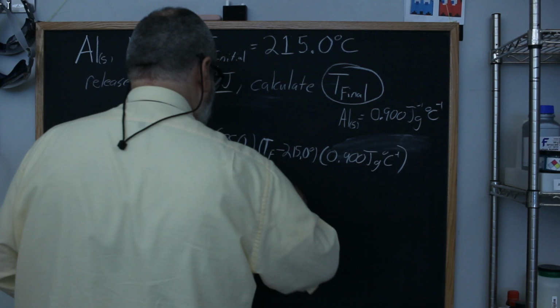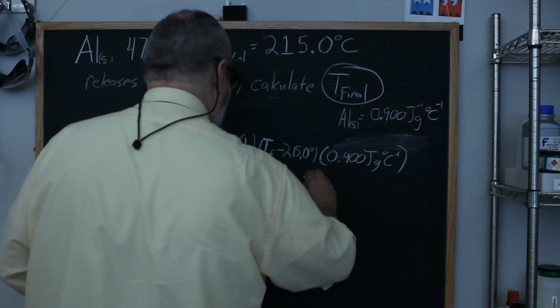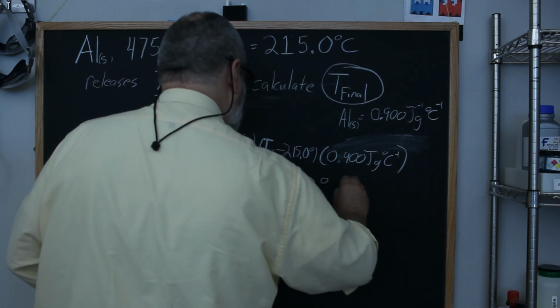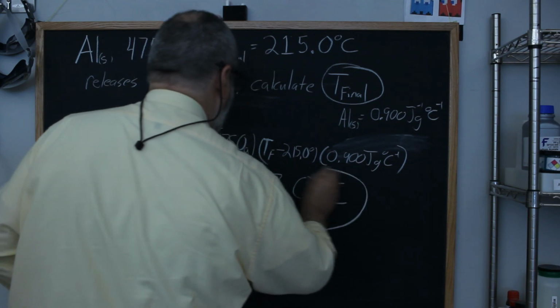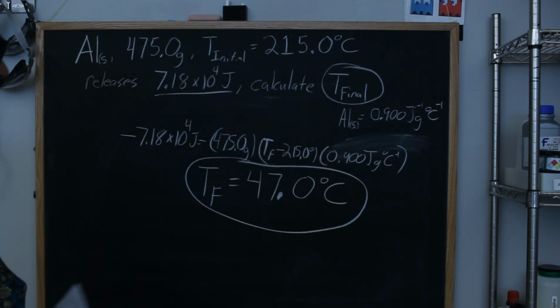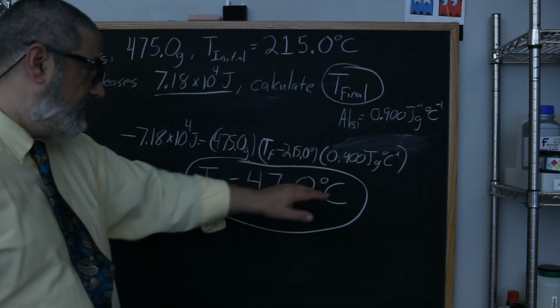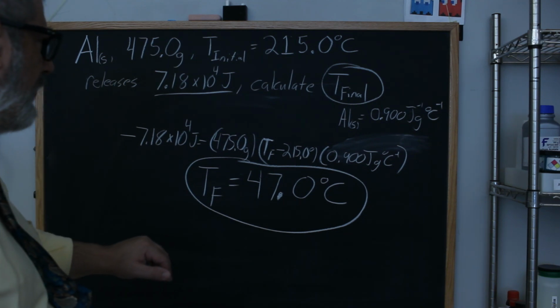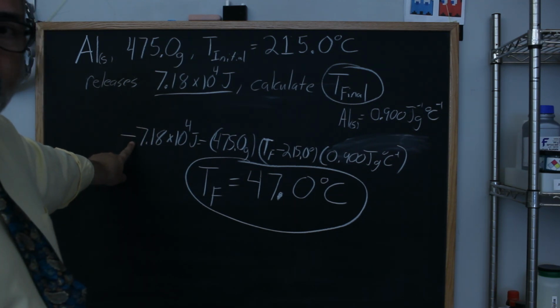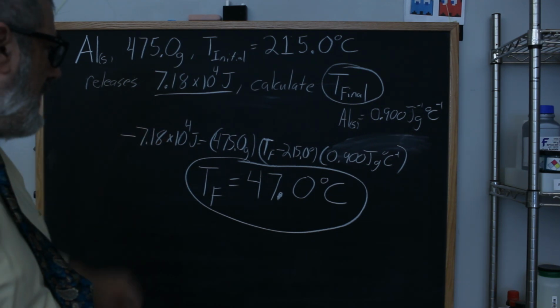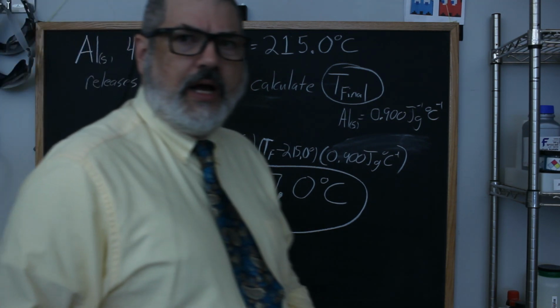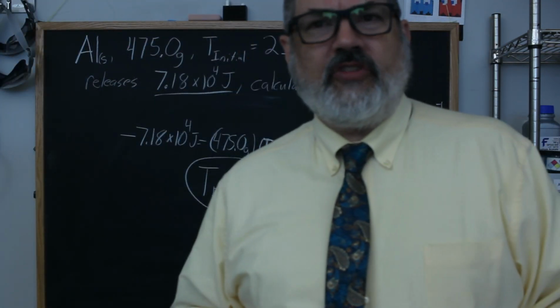It'd be painful to watch me do this. When we rearrange and solve for the final temperature, it's positive 47 degrees Celsius. If you get that sign wrong, that's going to give you a temperature, I think it was like 240 or something like that.